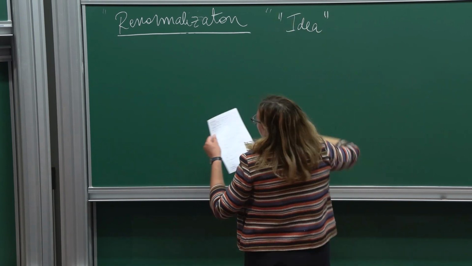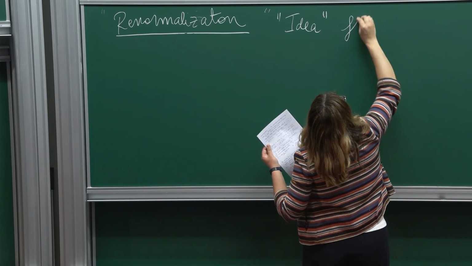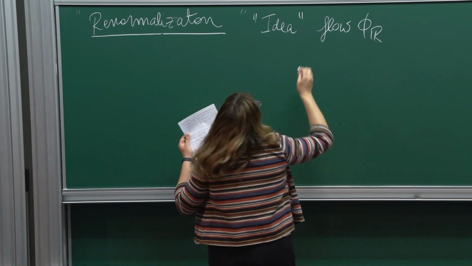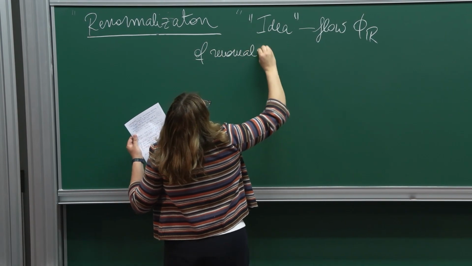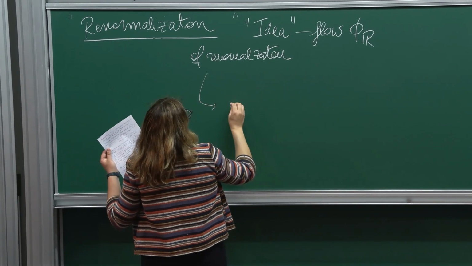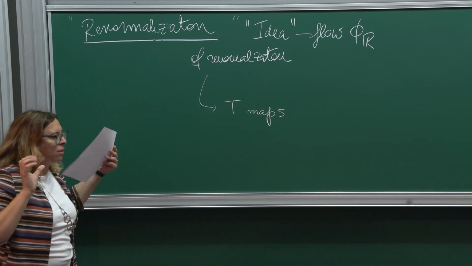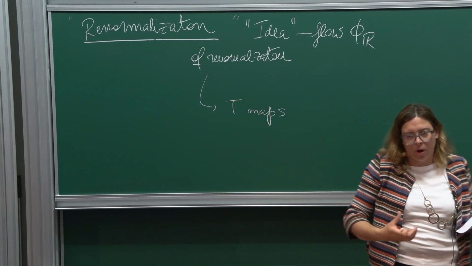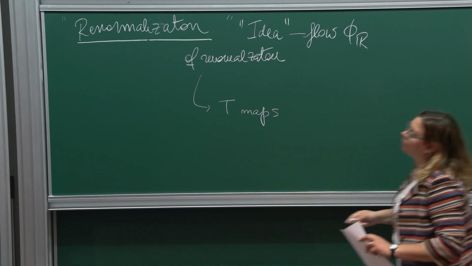So the idea of renormalization is huge. We can do it for a flow or for a map. Systems which are renormalizable, or can be studied with renormalization, have some form of self-similarity or approximate self-similarity.